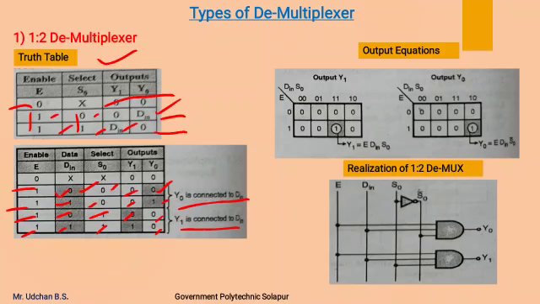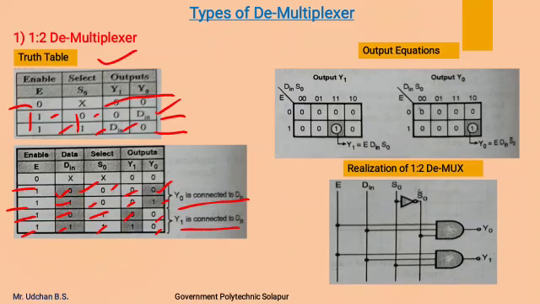If we observe this, we can get the equations of y1 and y0 using a K-map. Actually, there is no need to use a K-map here, as we will not get any octet, quad or pair for any of the demultiplexers. The K-map is used only to understand how an output equation can be obtained.